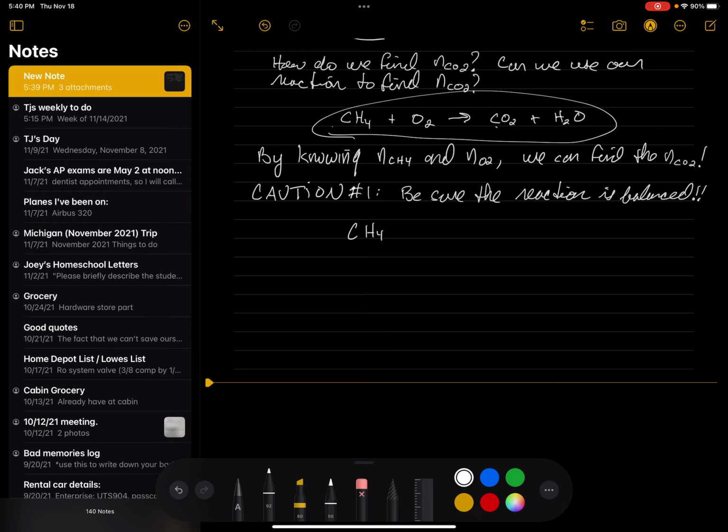So I rewrite the reaction in its unbalanced form, CH4 plus O2, and you'll notice that I'm leaving spaces here, okay? I'm leaving spaces there because I'm going to write molar coefficients in front of these terms as I balance the reaction. So how do I balance this reaction? Well, the first thing I do is I assume 1 mole of methane.